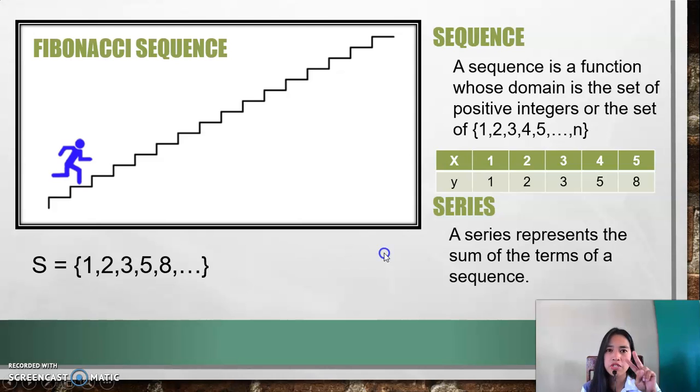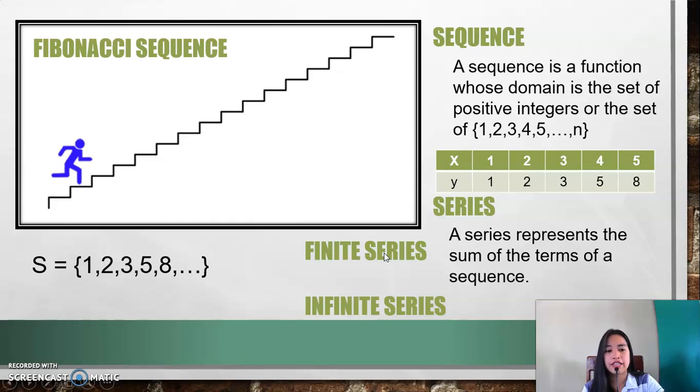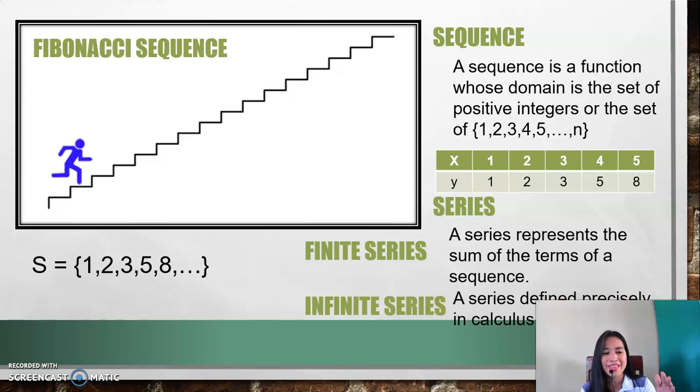We have 2 types of series: the finite series and the infinite series. For a finite series, we just add a certain number of terms up to where it ends. While the infinite series can be defined precisely in calculus, that is where limits and so on come in. You will encounter this one in basic calculus in the second semester.